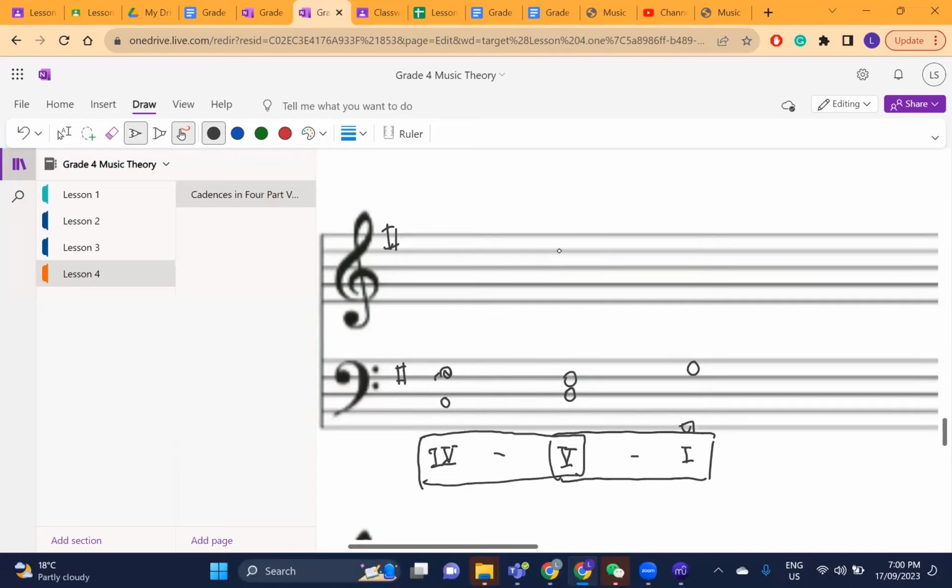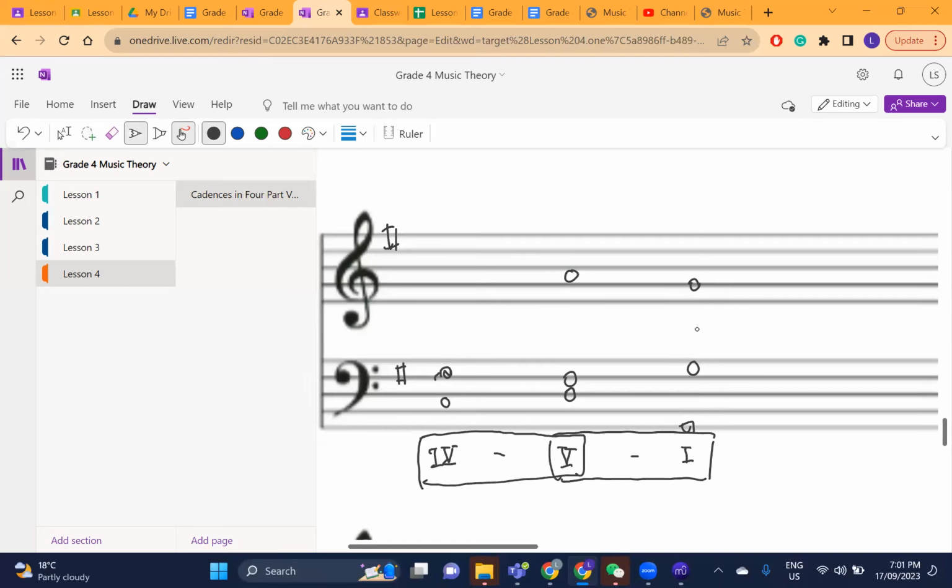D, F, D. I'm going to do a supertonic to tonic perfect cadence, which if anyone remembers how that works, it is that if you have the supertonic to tonic in the soprano, you still need a leading note to tonic, but you triple the root in chord 1.